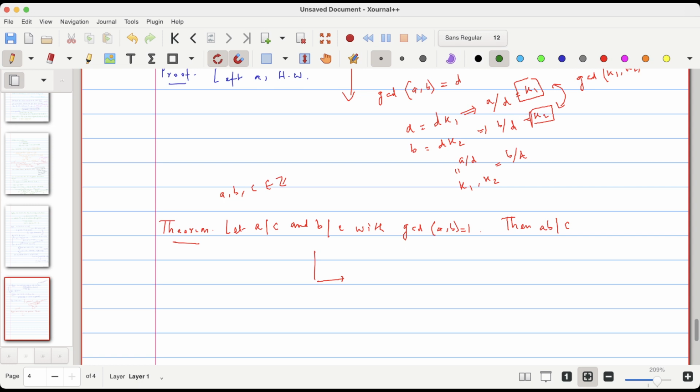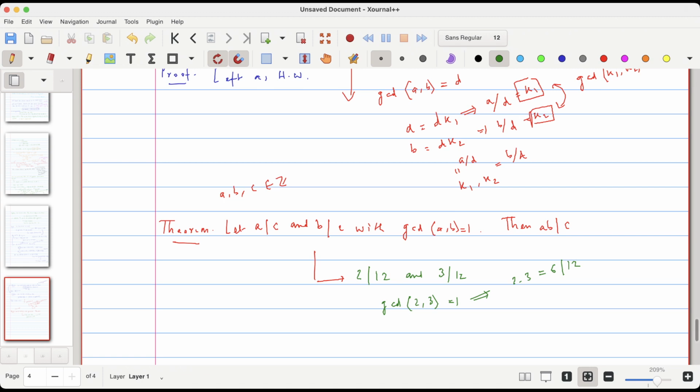So A divides C and B divides C. So 2 divides 12 and 3 divides 12. And the GCD of 2 and 3 is of course 1. Then it actually follows that 2 times 3 equals 6 divides 12.